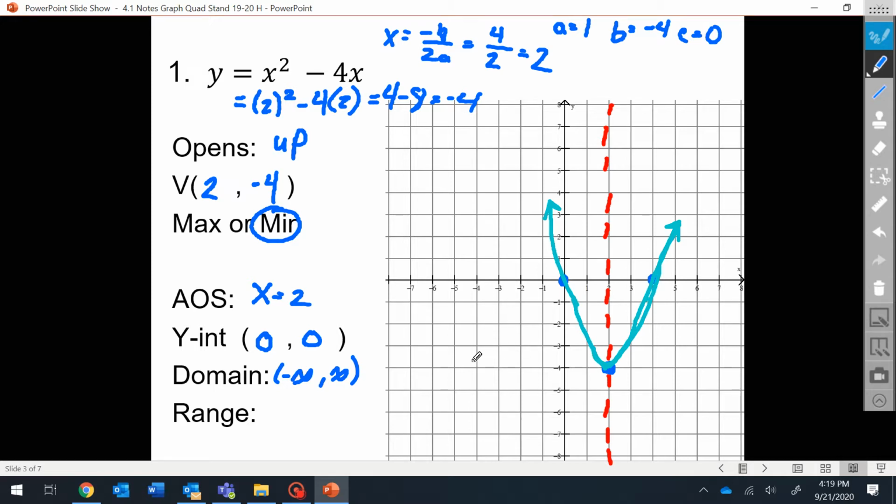The furthest down that this thing goes is -4. So the smallest is -4, but it does go all the way up. So it's -4 to infinity. Those are all the possible y values for this equation. And that is how we graph our parabolas.